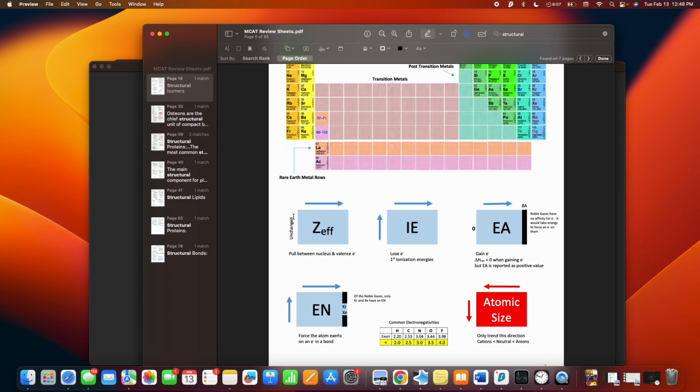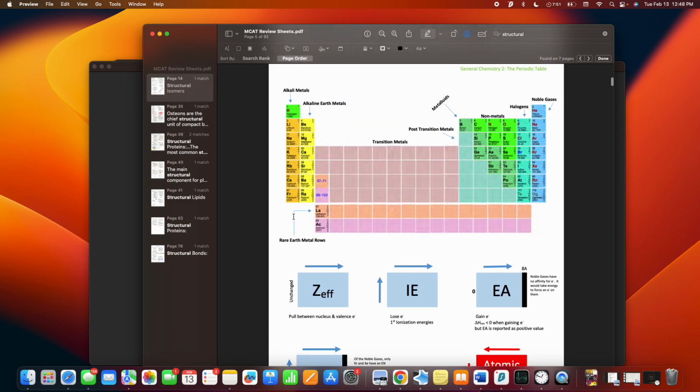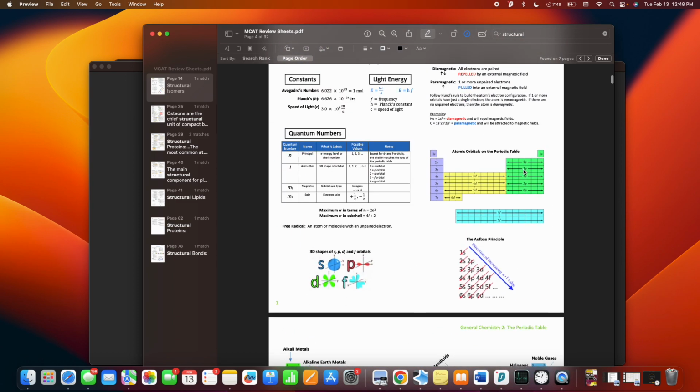Going up and down is basically adding more shells, right? You go from the first shell to the second shell to the third shell to the fourth shell. And when you're going to the right of the periodic table, you are increasing your valence electrons.